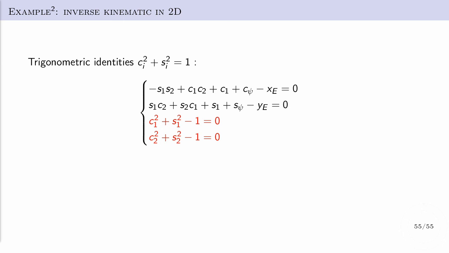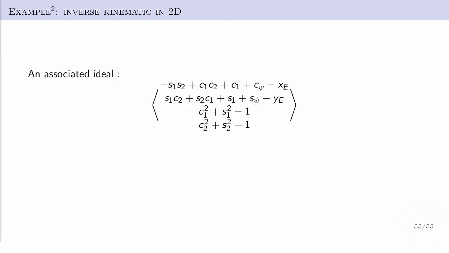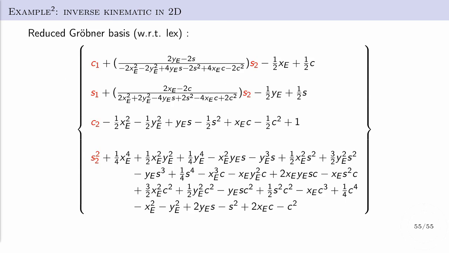So we write it as an ideal. We compute the Grobner basis with respect to the Lex order.